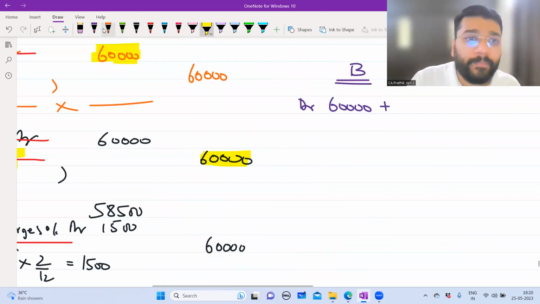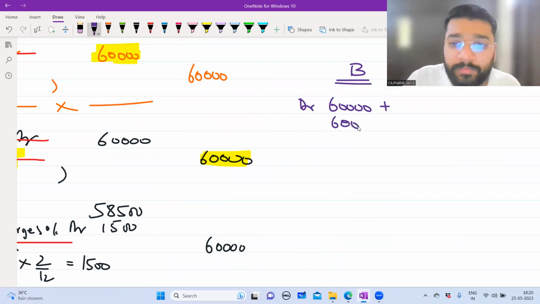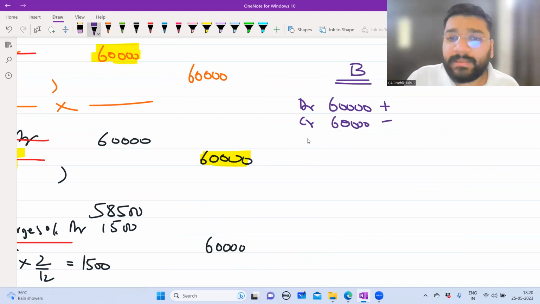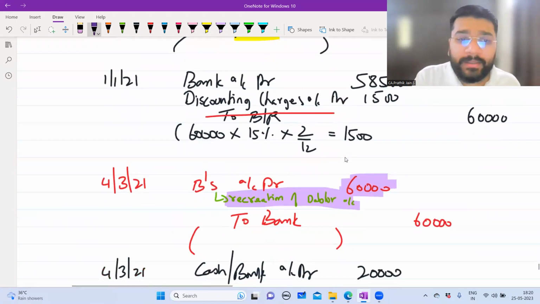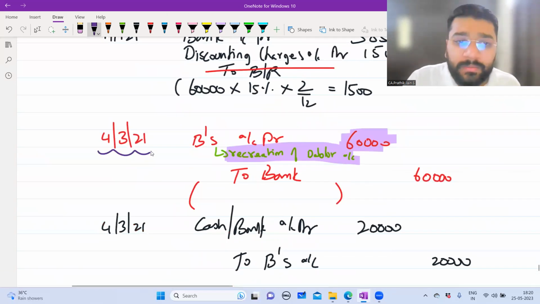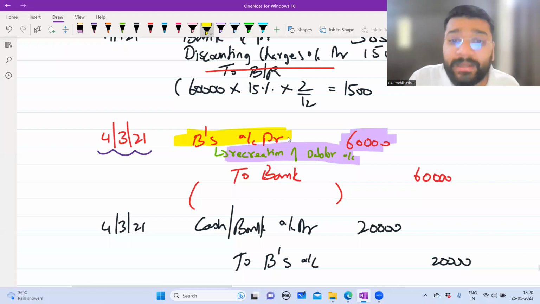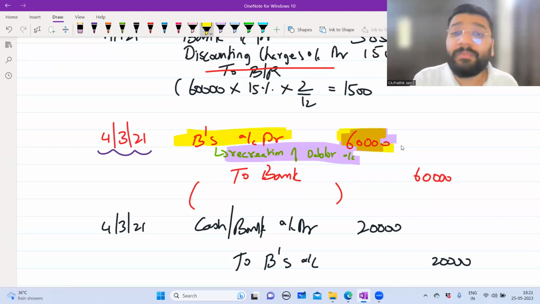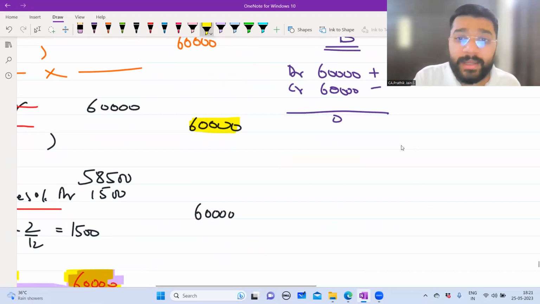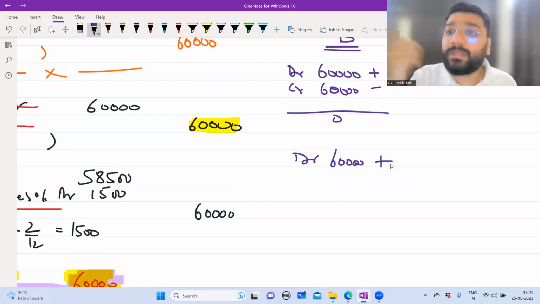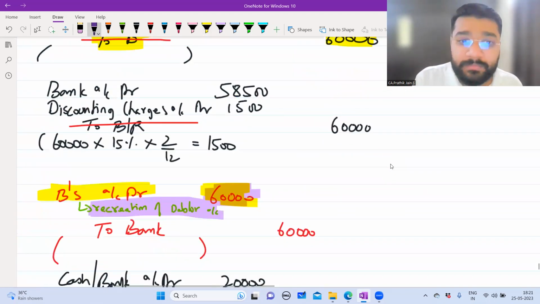So 60,000 credited, minus, therefore the balance in B's account became 0. Then when the bill was cancelled, you recreated B. You redebited B by 60,000 rupees, which means plus 60,000 is now the balance of B's ledger.